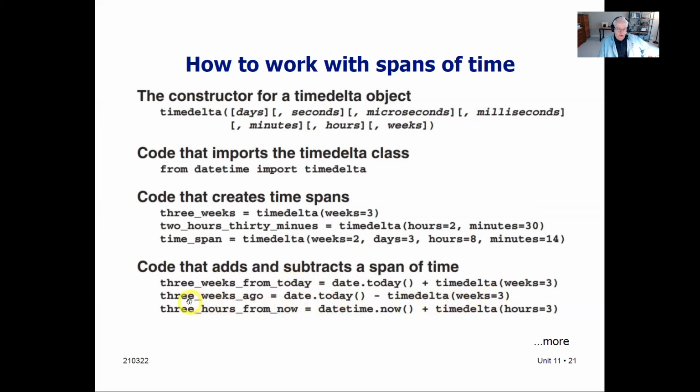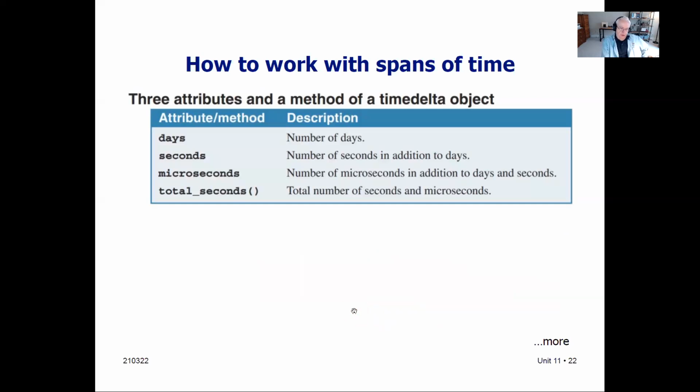So we're going backwards 3 weeks ago. And here's the date time class dot now. So that gives us the date and the time. So the time delta 3 hours, we're going to add 3 hours to the time of this date time object. This is not complicated. This is actually super easy, much easier than it is in my also favorite language, PHP.